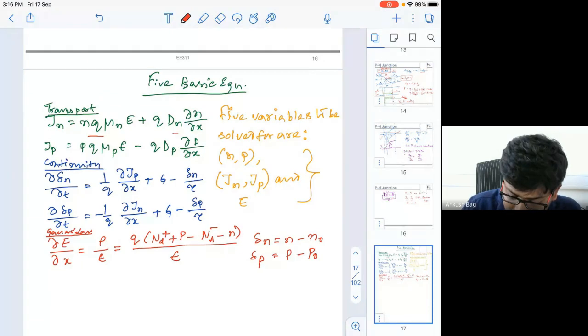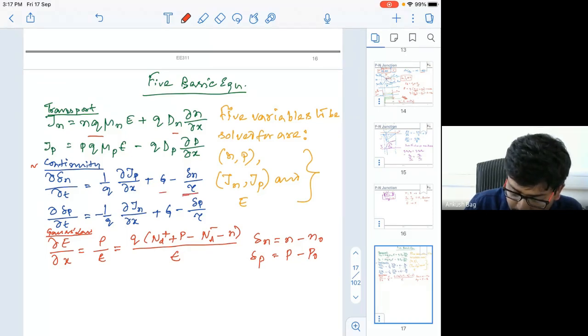The next 2 equations are the continuity equations, which relate the carrier concentration variation with time as well as the current density variation with the excess carriers, that means generation as well as recombination.